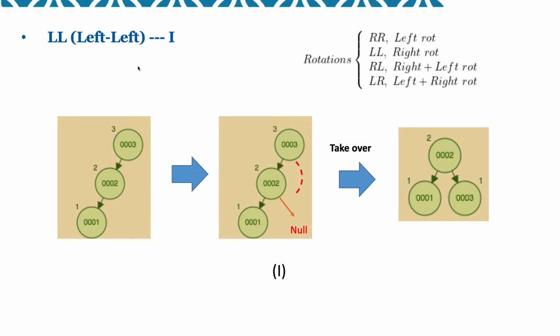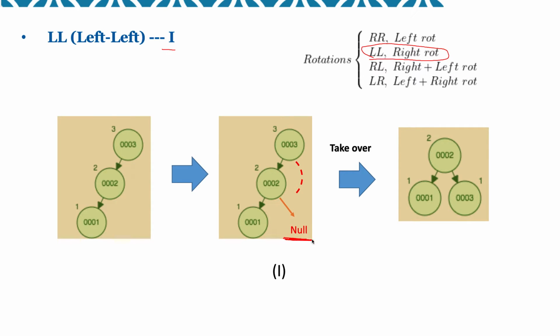Let's have a look at the very simple case for the LL situation. In the LL situation, a right rotation should be performed. For example, if you add a number 1 node here, the tree falls into an imbalanced situation. So the number 3 node will take over the right part of the number 2 node. Even though there isn't any right subtree for the number 2 node, there is still a null subtree.